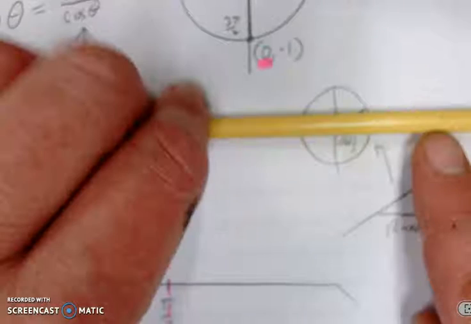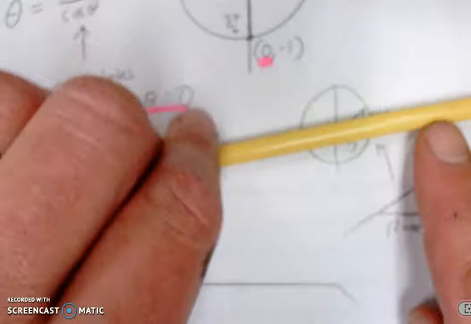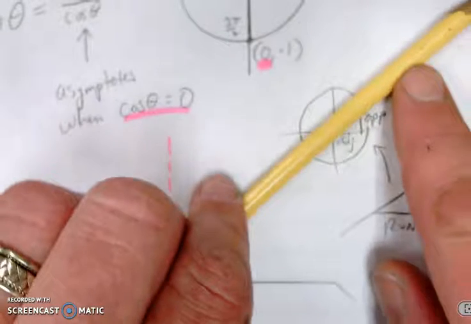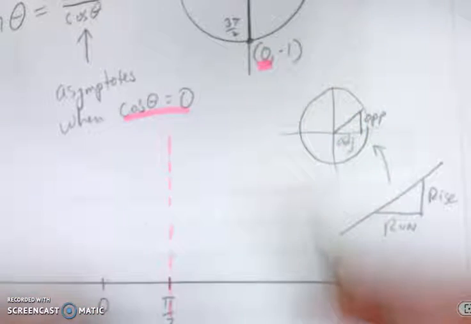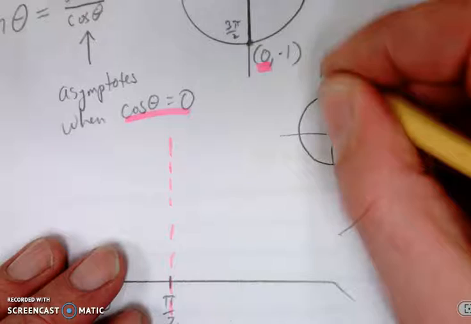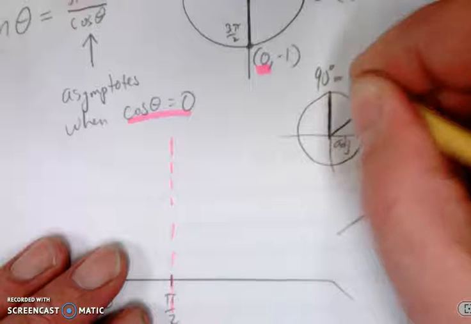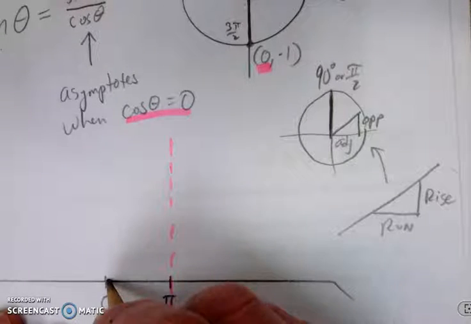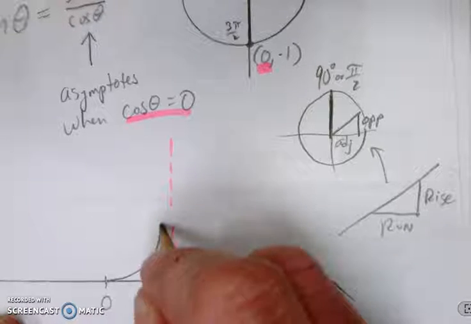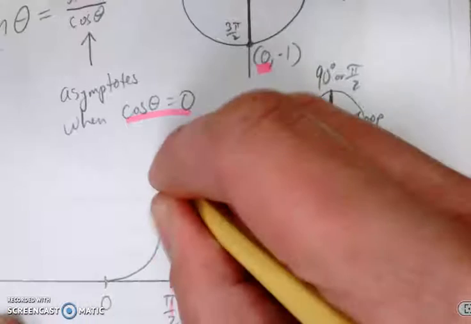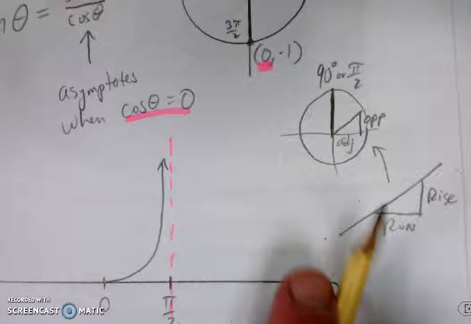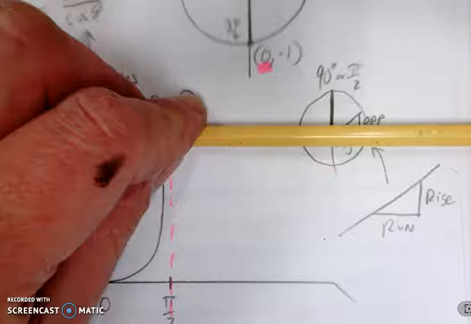In terms of slope, it goes from 0 slope and then gets steeper and steeper and steeper as we get up to 90 degrees, or that's the same as pi over 2. So as we go up here, the tangent is going to increase as we get closer to pi over 2. At 0, the slope is 0.